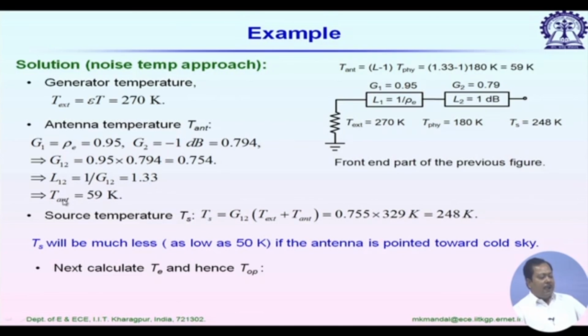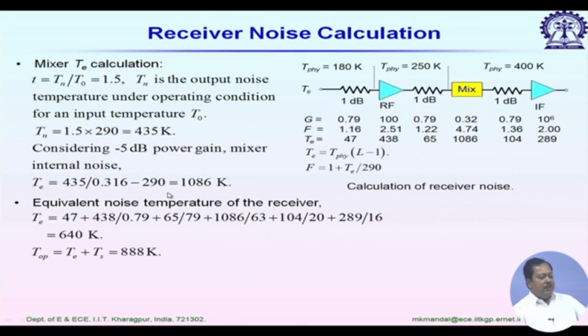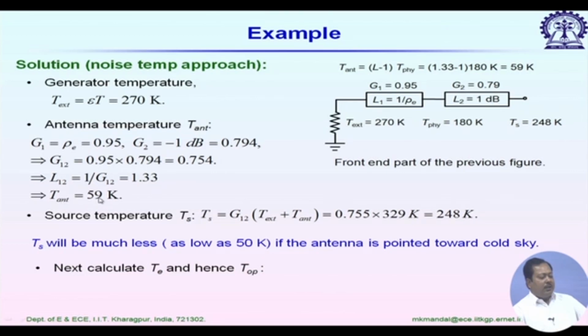So we calculate then T antenna. We have already seen the formula, TE equal to T physical into L minus 1. So put it there, T antenna becomes 59 Kelvin.